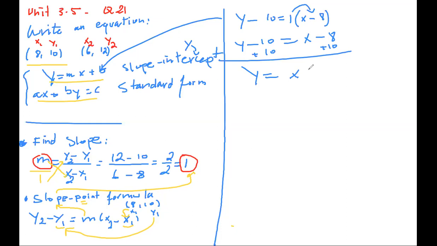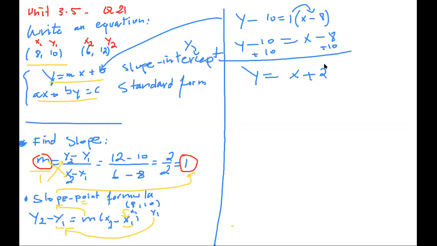What's negative 8 plus 10? 2. That's right, positive 2. Now that looks in this form, as you can see. What's the slope again here from the equation? 1. That's right, there's an invisible 1.